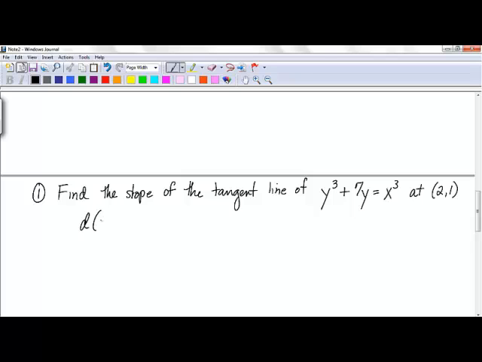So it's the derivative of y cubed with respect to x plus, and it's a plus sign in between, the derivative of 7y with respect to x equals the derivative of x cubed with respect to x. So every term, you're taking the derivative of every term. They could actually take the derivative of the left side and derivative of the right side, but I'm going right to the derivative of every term.